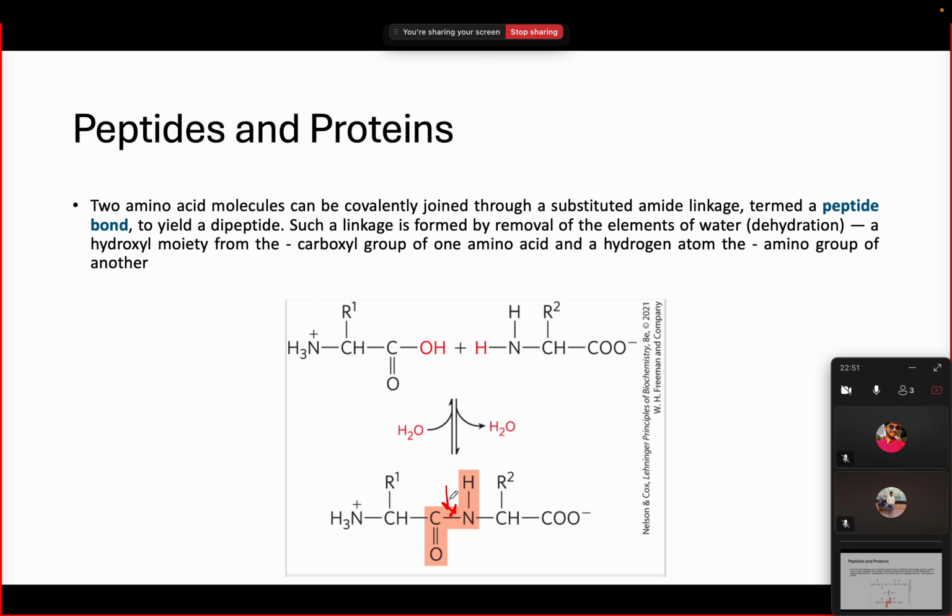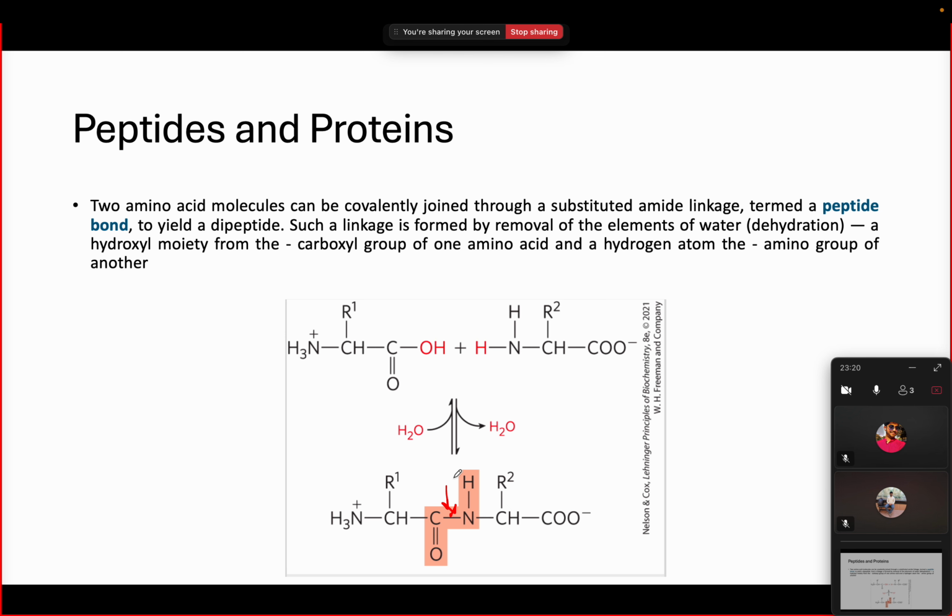The energy associated with the peptide bond is in between that of a single covalent bond and a double covalent bond, right? This indicates that the peptide bond is usually very stable at physiological conditions, because it is not a single bond.